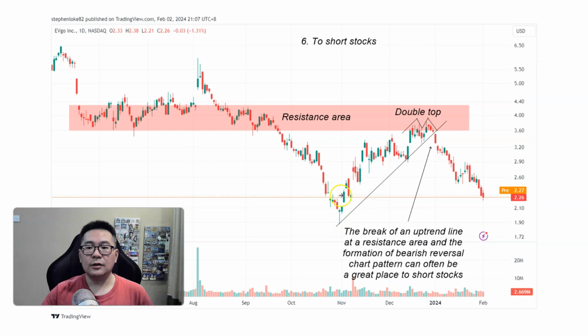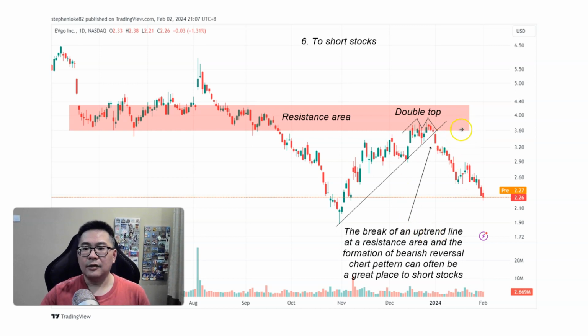Now stock here, FGO, sell-off, and then it rose, formed a double top. We draw an uptrend line, it dropped below the uptrend line, and here is a resistance area. Remember, resistance areas are areas where many short sellers come in, and you can also learn how to short sell when you combine resistance area, double top, break of an uptrend line.